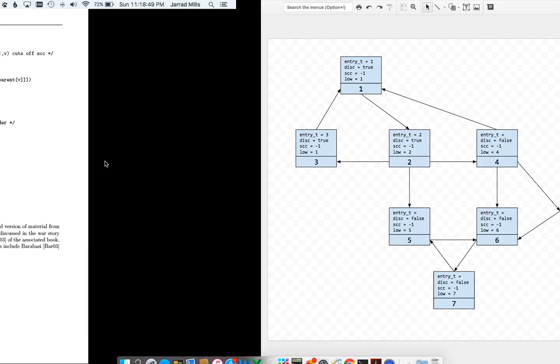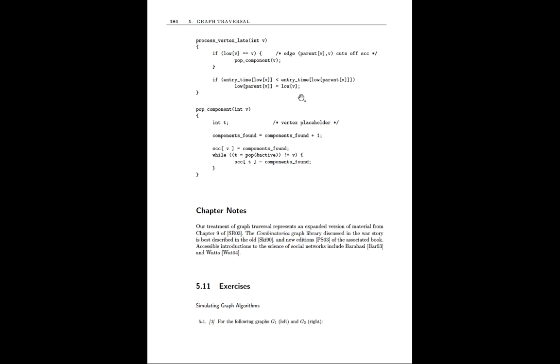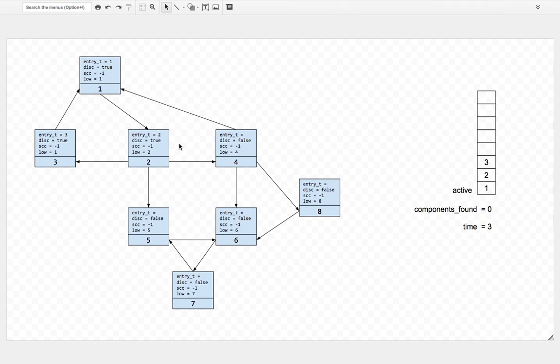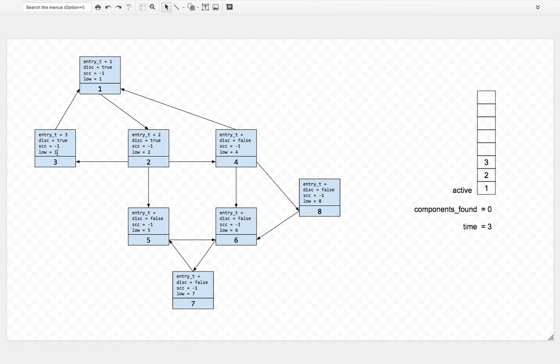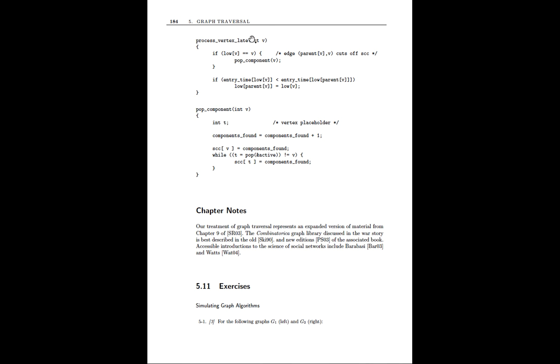So if the entry time here is less than this entry time here, which it is, then we set the low of v's parent to be the same as the low of v. So I erase the low of v's parent and replace it with the low of v. And now we have processed vertex 3 late on our way out of the vertex in the depth first search.